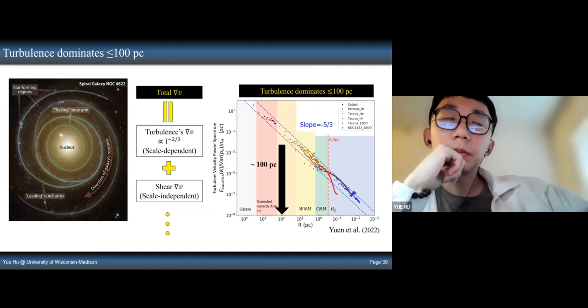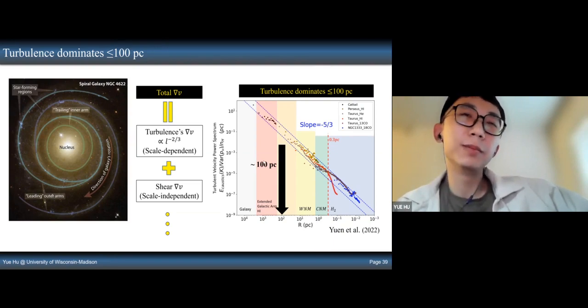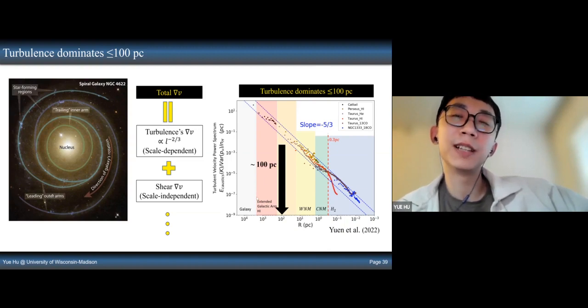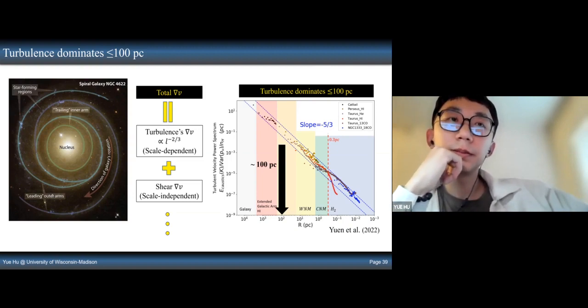So if it's turbulence, and then if it's not, why is it that slope? Yeah, you're right. But here, out to 1,000 parsec, this is a particular structure, the H1 arm for our galaxy. So we may not have such a feature in other galaxies. So we expect to use 100 parsec, not 1,000. I see.